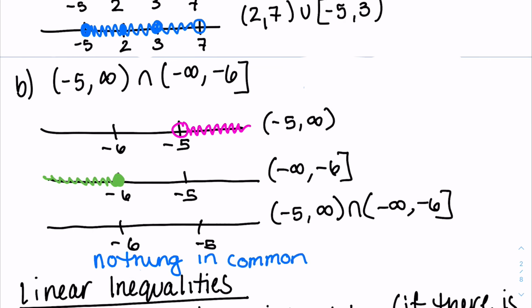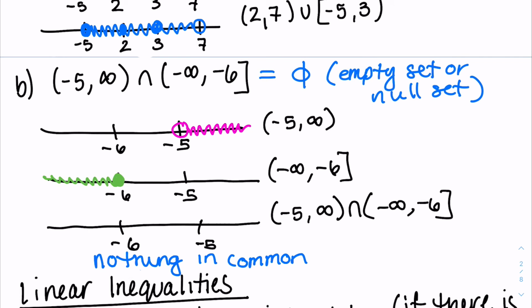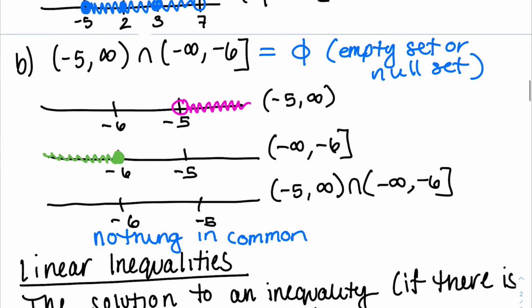So because of this, we say their intersection is equal to the empty set, which is denoted by this symbol. Or you can also call it the null set, but there is zilch nothing in common to the two.